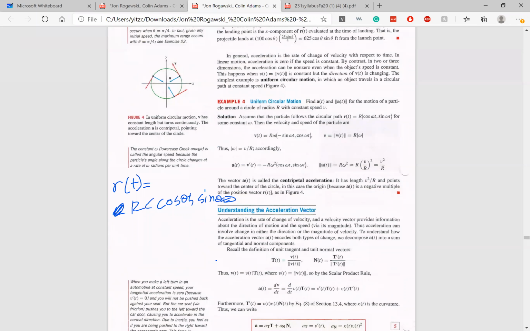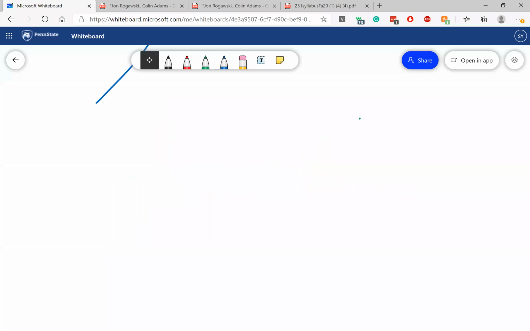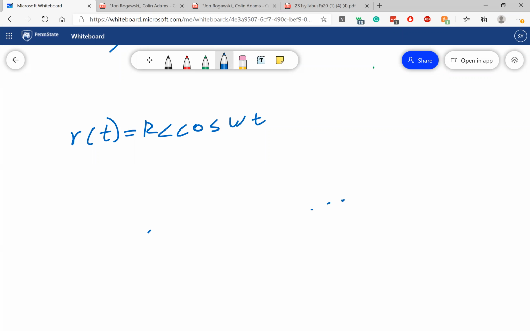Okay, let me do this here. We would have that r of t is going to be equal to r times cosine, and it doesn't matter what speed we're running through this at, so let's say omega t, and sine omega t.